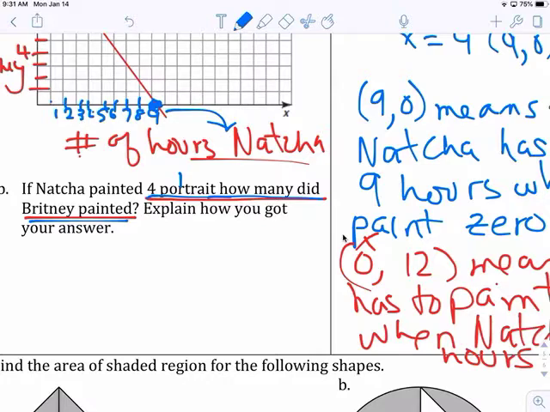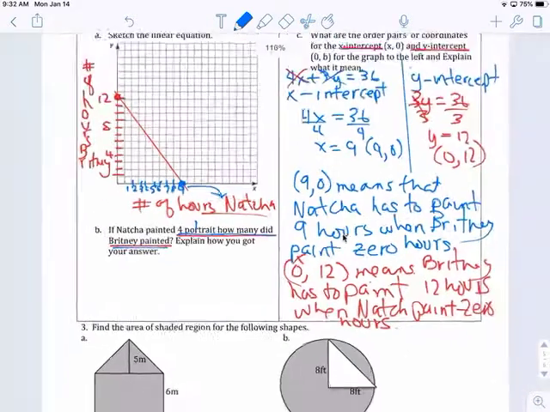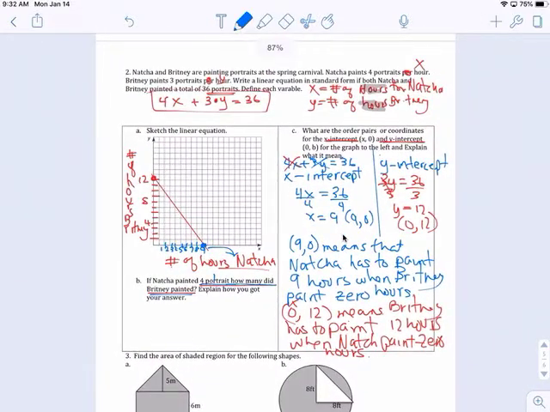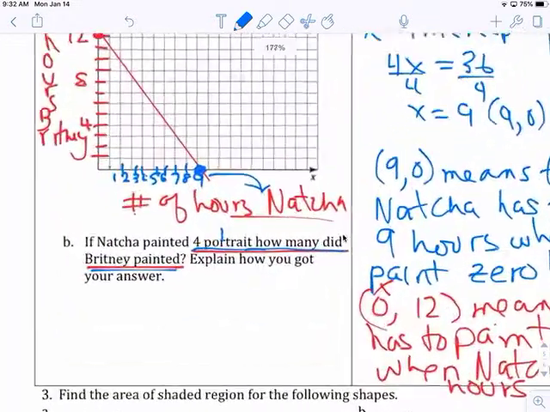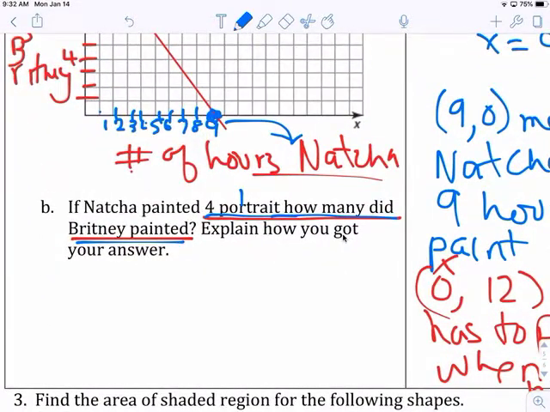Okay, explain how you got it. Okay, that means they painted 36 altogether. If it's a total of 36 minus 4, Brittany painted 32 portraits. Subtract.